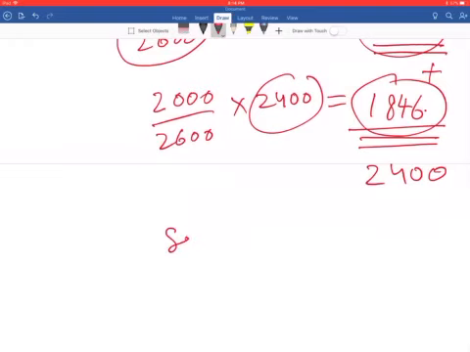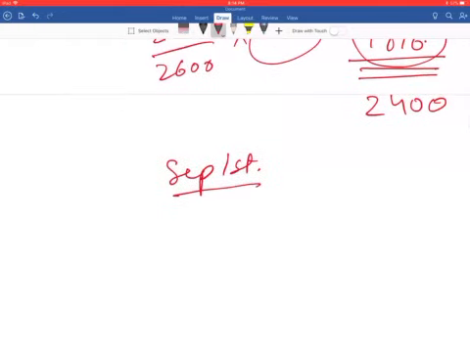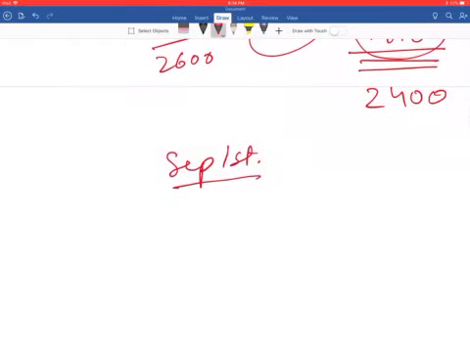The windows are delivered on September 1st. So what are we going to do? We know we are going to get cash for $2,000, a debit. And according to the contract, once one of the parties does something, that's where we recognize things.